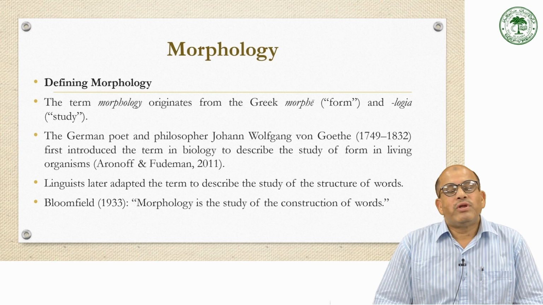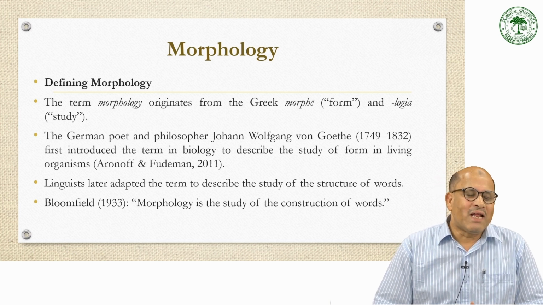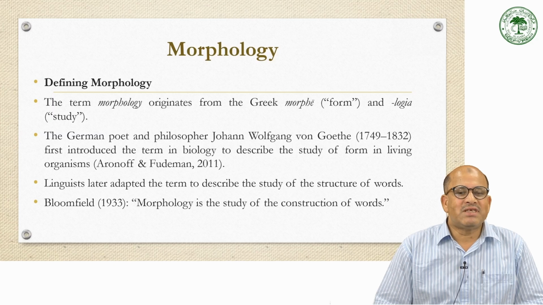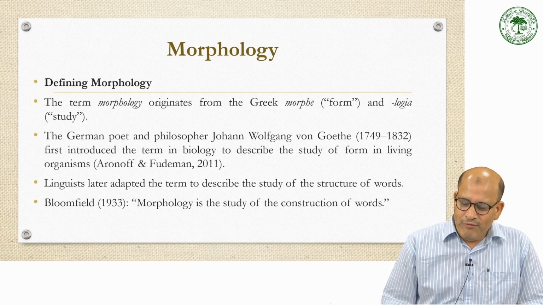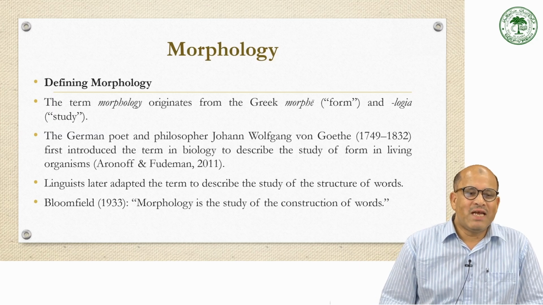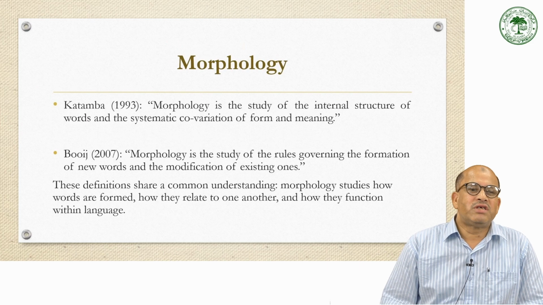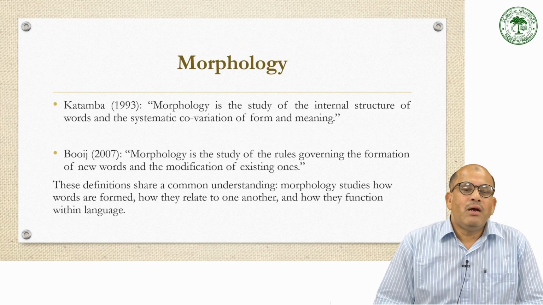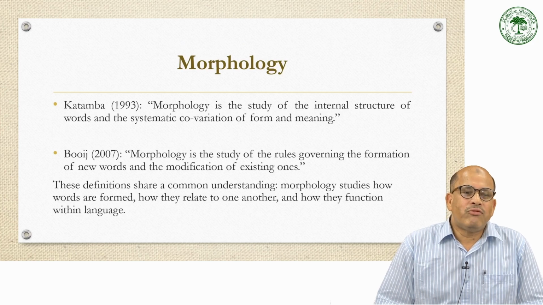So there are several scholars throughout different decades who have studied linguistics and referred to morphology as the study of the structure of words. Defining morphology, Bloomfield said morphology is the study of the construction of words. Whereas Katamba said morphology is the study of the internal structure of words and the systematic covariation of form and meaning.